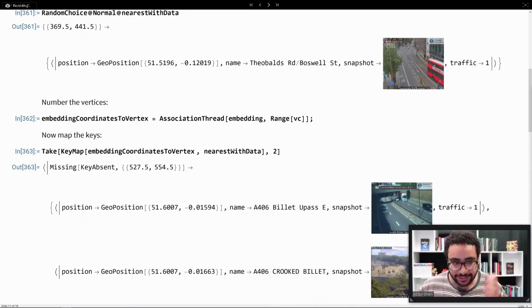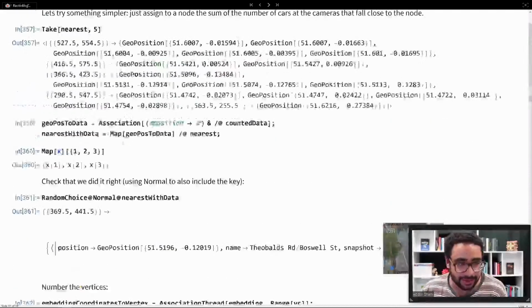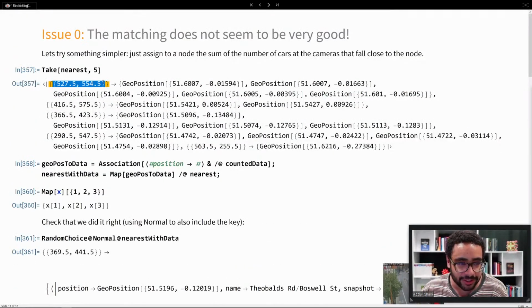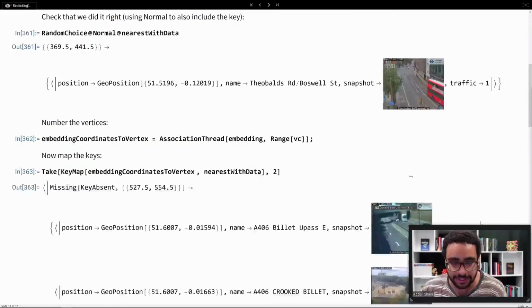The first thing I did was make something that points from these Cartesian coordinates to their position, their rank in the ordering as a vertex. But my first attempt didn't work. It said there's no such key, and I didn't know why. The nearest thing has introduced this: we're not actually going from our Cartesian coordinates to our geographic coordinates here, it's been wrapped in a list. So we just need to get rid of that list.